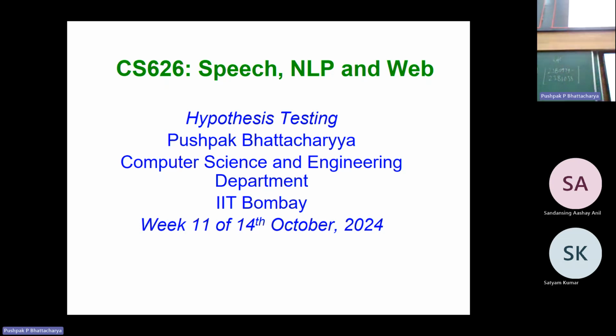Let's begin. As you know, we have been doing hypothesis testing, and that's very fundamental to all of machine learning. The reason is that in machine learning, our main goal is to predict and generalize based on a small sample from the conceptual space.